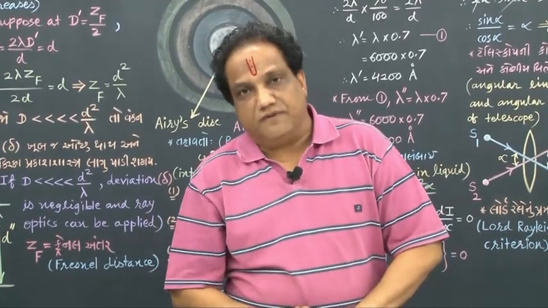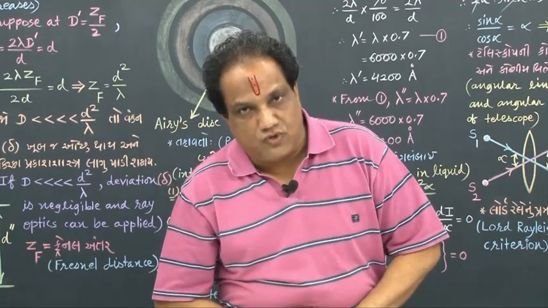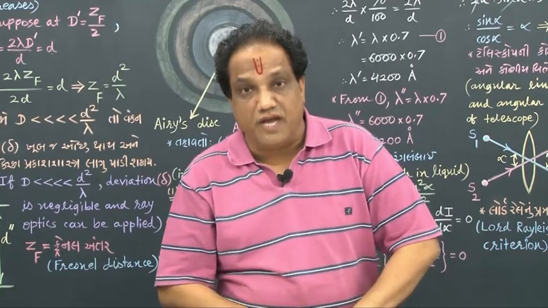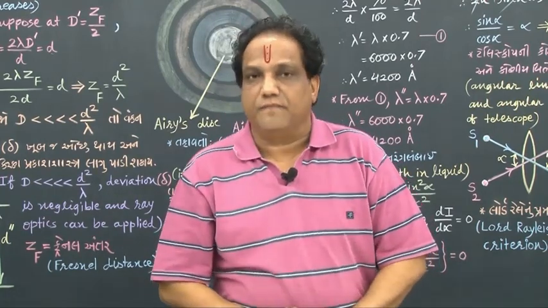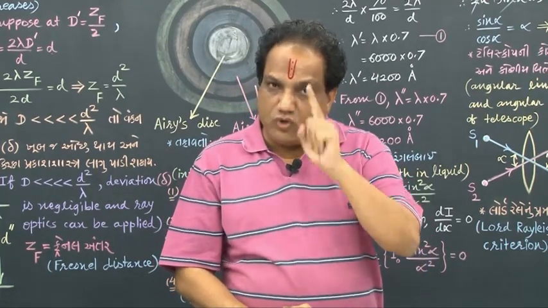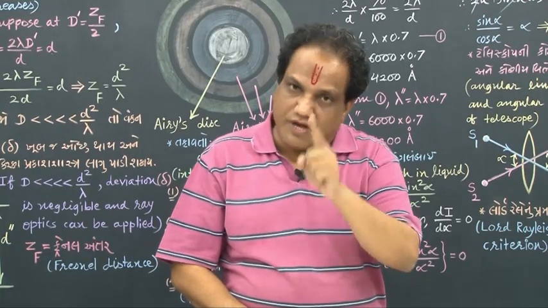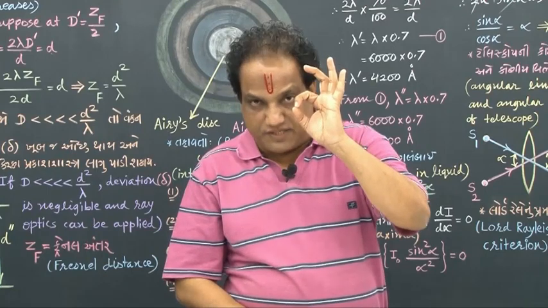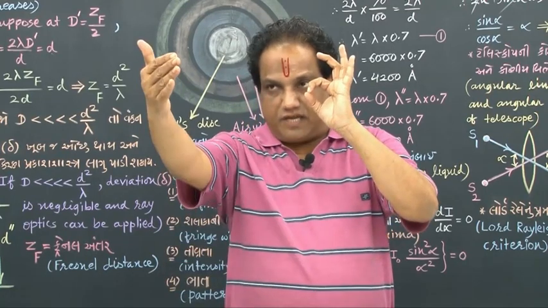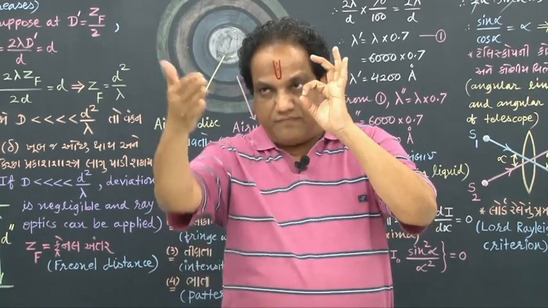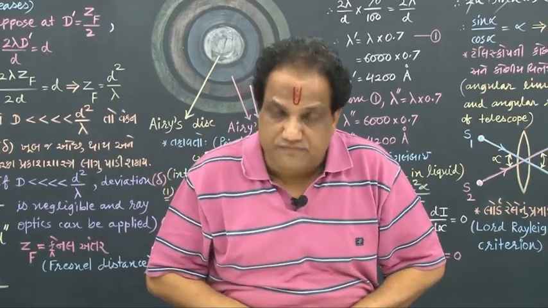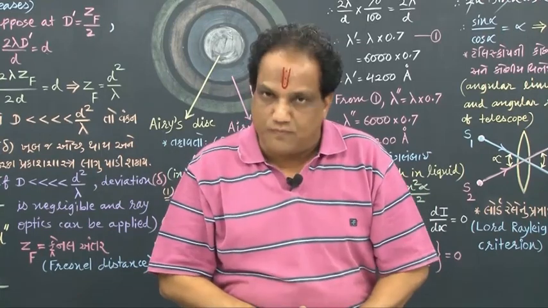Those instruments, you have studied in the third semester, are the telescope and the microscope. Now tell me, in both of them, what happens? There is an objective lens, and the light rays coming from some object are made incident first on the objective lens of the telescope or microscope.